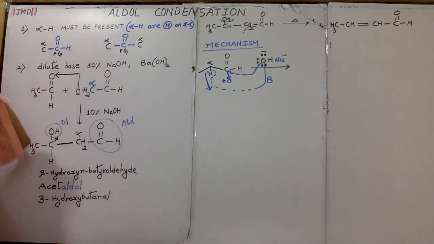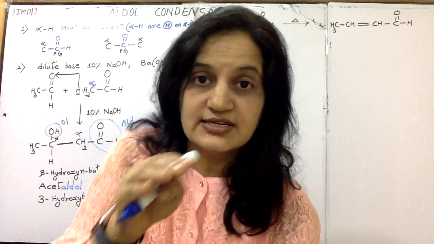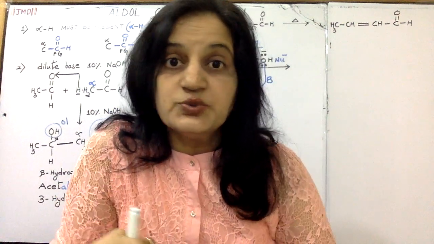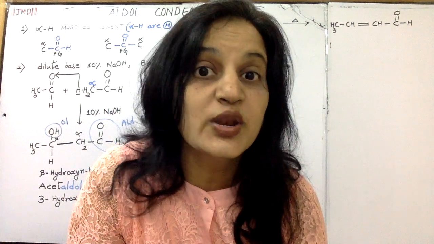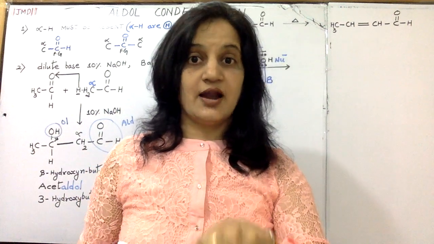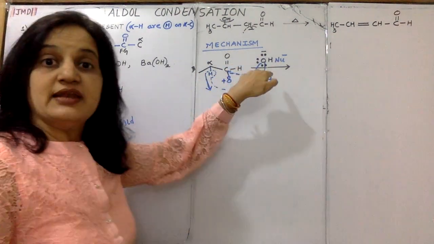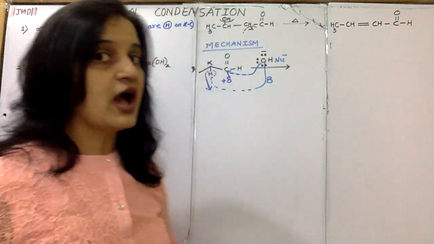Any one thing it can do. If this OH minus behaves as a nucleophile, then it will attack the carbonyl carbon, because a nucleophile is a negative species which attacks the positive center of the carbonyl group. But if this OH minus behaves as a base, then it will abstract a hydrogen from the alpha carbon.